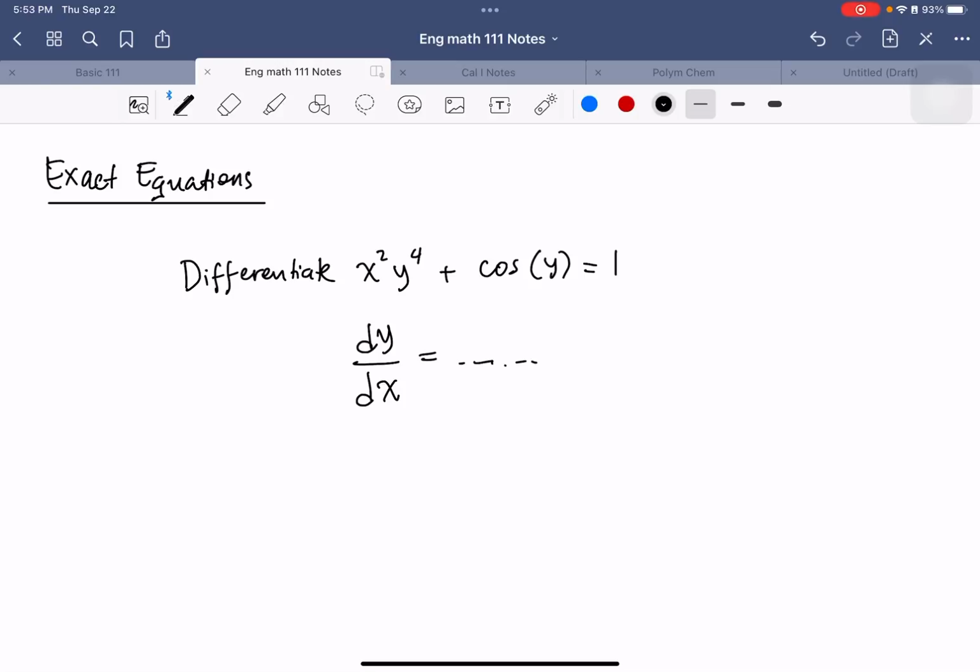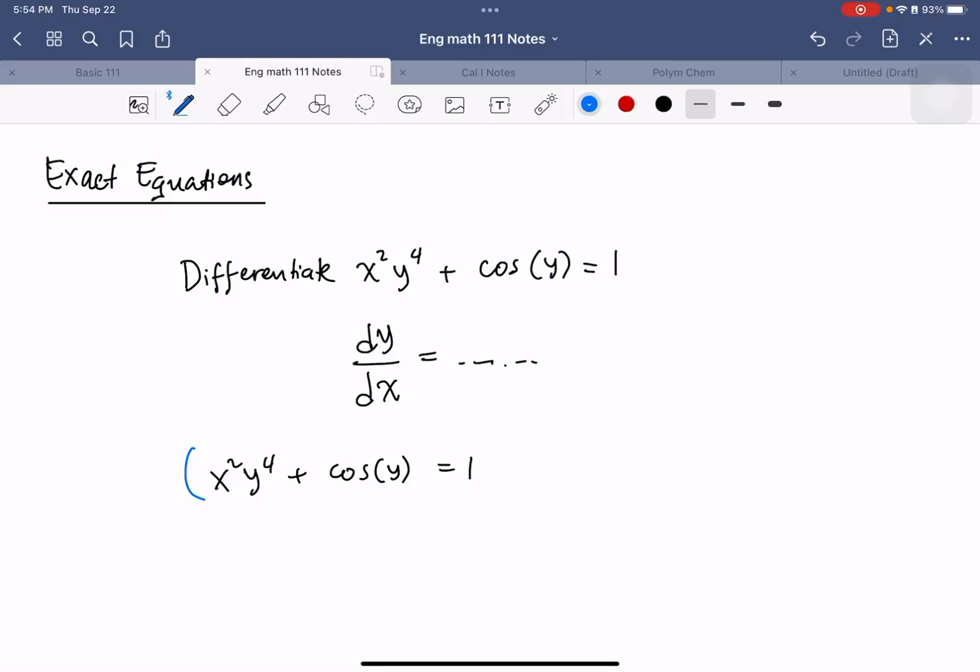So we are just taking the dependent variable as y and the independent variable as x. We differentiate x as usual, and y too. When we differentiate y, we need to add dy over dx, right? So let me start this differentiation. Plus cosine y equal 1.